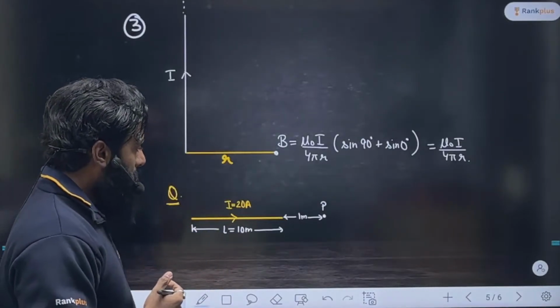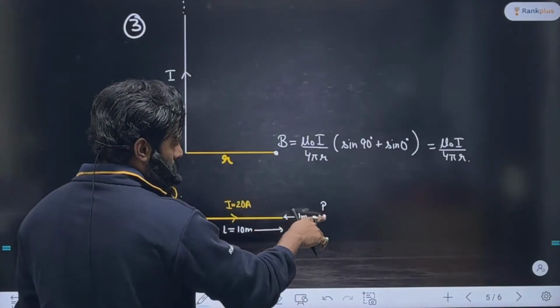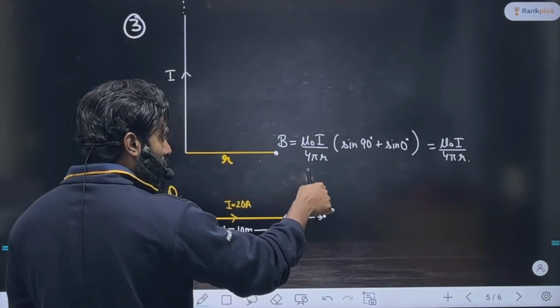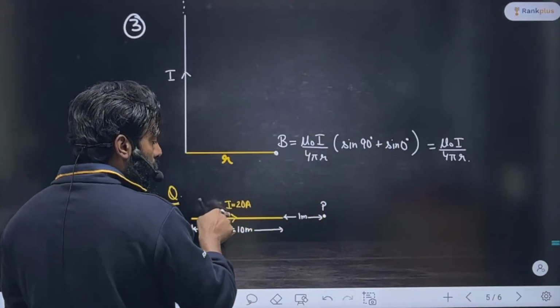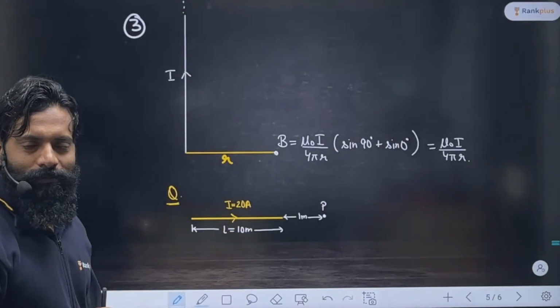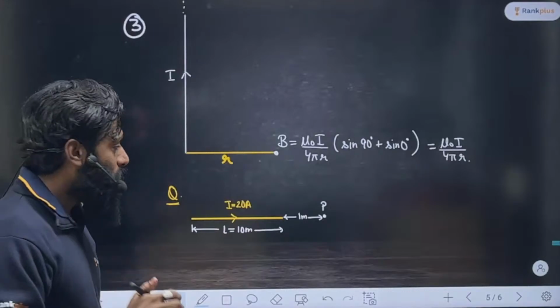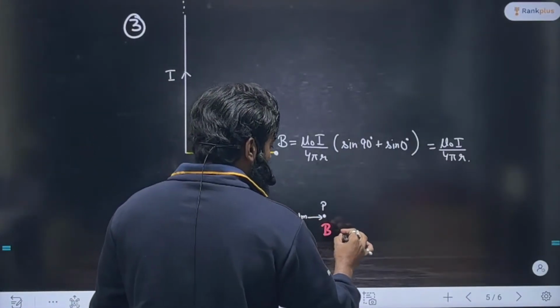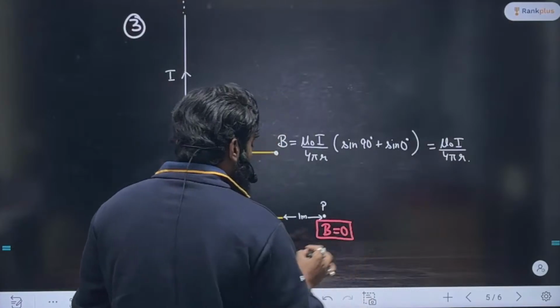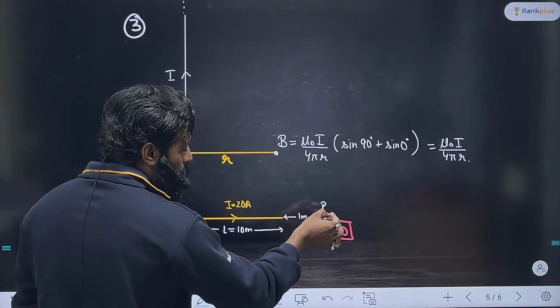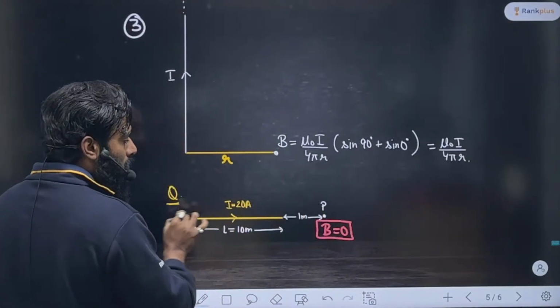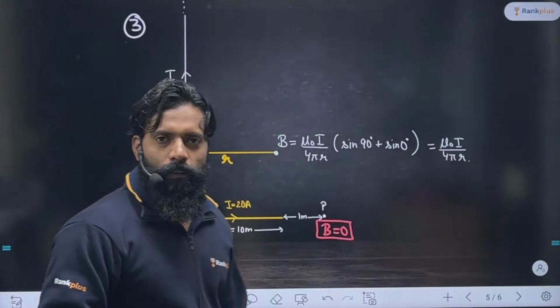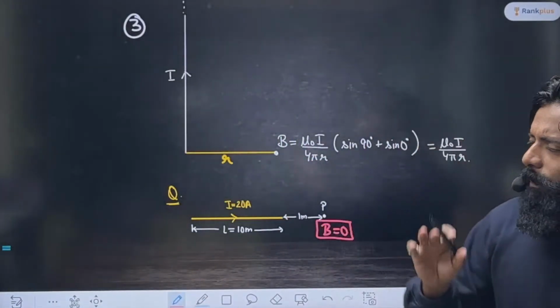Now you tell me how much magnetic field is there due to this wire. Tell me. 0. Magnetic field here due to this wire is 0. Why? Because this point is at 0 degree with this wire, isn't it? I hope that this thing is clear.